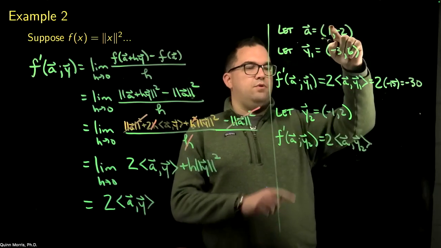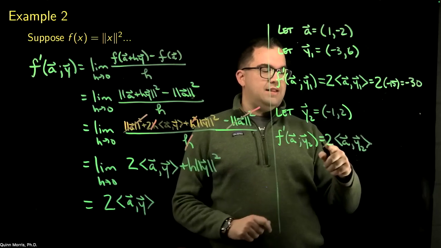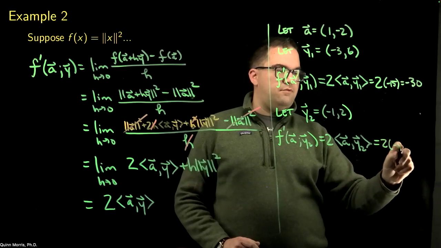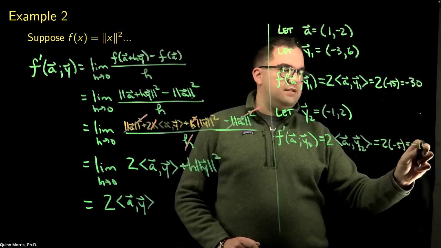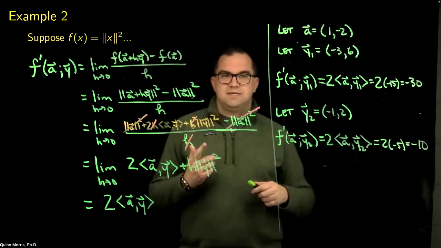The inner product of a with y2 would be what? -1 plus -4. That would be -5. It would be 2 times -5, which is -10. Okay. So great, right? We can calculate these things.